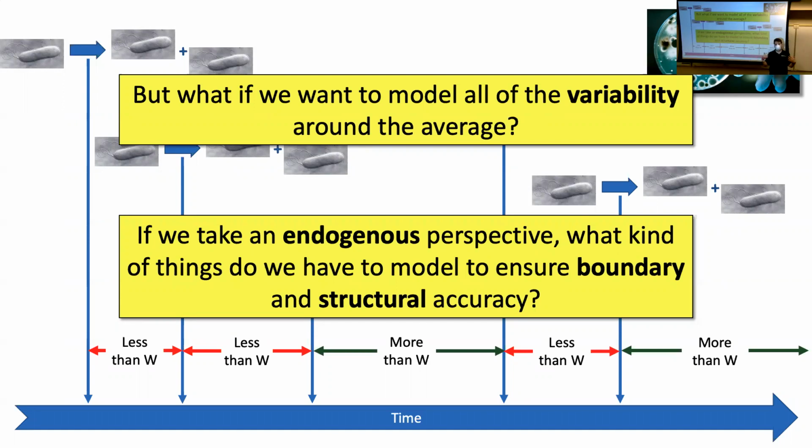The model would end up being way too big, too hard to get right, because for all of those parameters you're going to have to find data to fit them, and it's just not going to work. It's not practical. So to take this purely endogenous perspective where everything's inside the model, we'd have to put too much in the model for it to be practical from a modeling standpoint. So we're not going to take that approach.